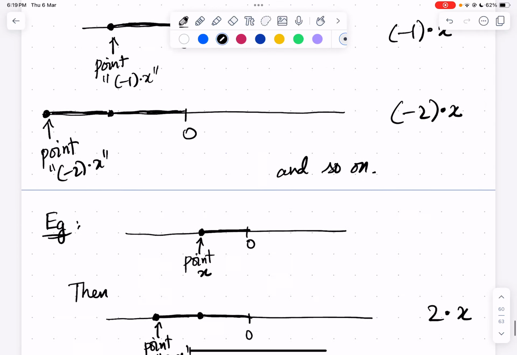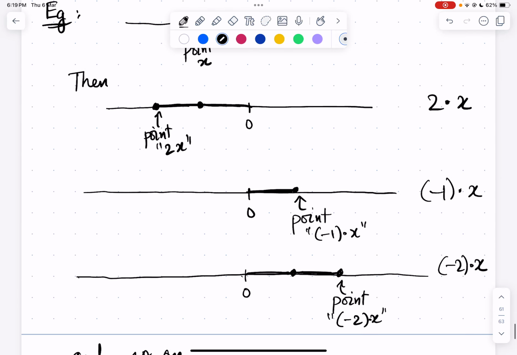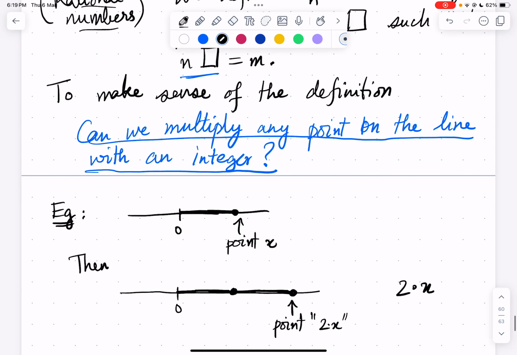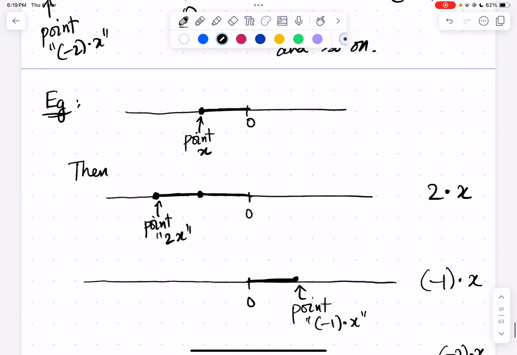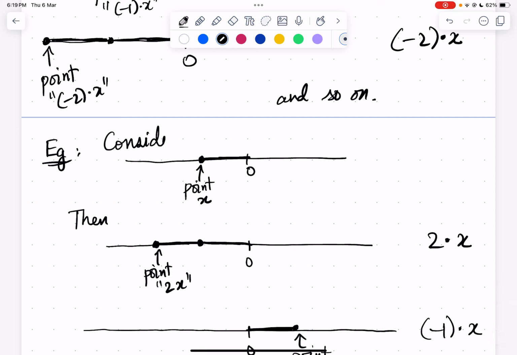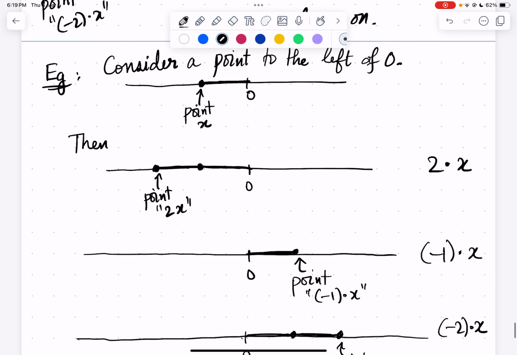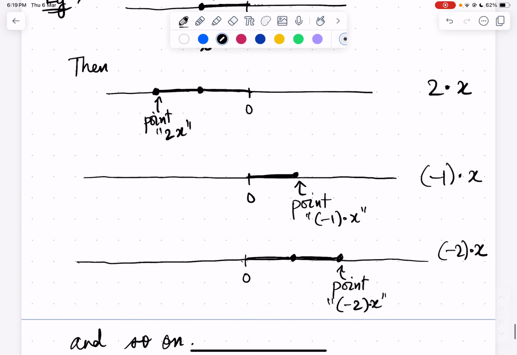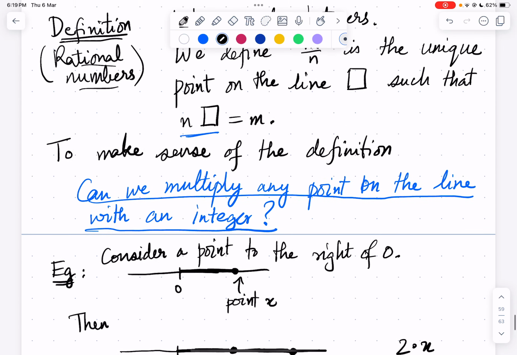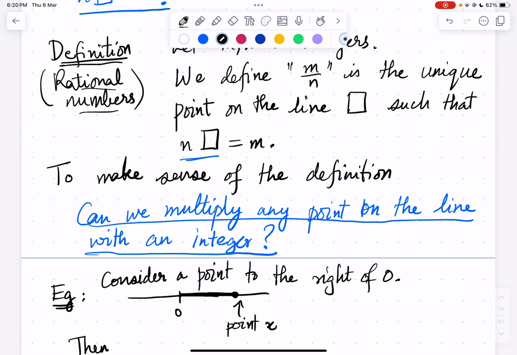So consider a point to the right of 0. And for the second example, consider a point to the left of 0. Then we define 2 times x, minus 1 times x, minus 2 times x, and other multiples in this fashion. So we can multiply any point on the line with an integer.